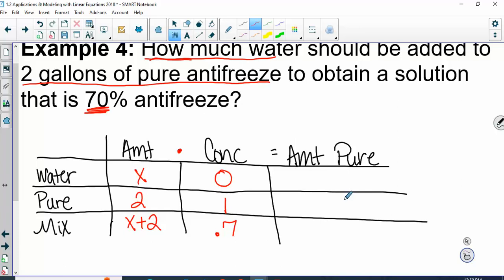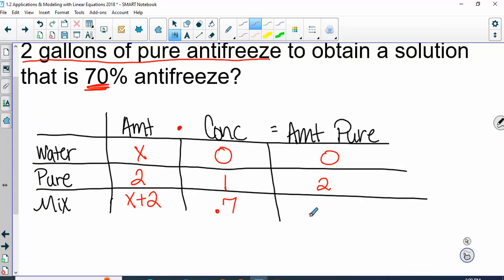So we're going to multiply these to get my box. So X times 0 is 0. 2 times 1 is 2. And this, I'm going to go ahead and just write it out for a second. That way if you're looking back in your notes, you'll figure out where it came from. So 0.7 times the X plus 2.